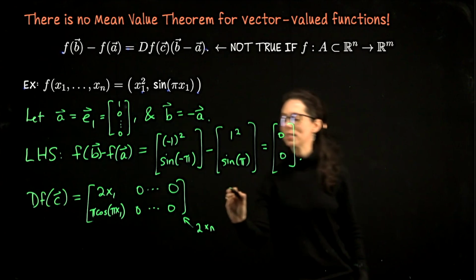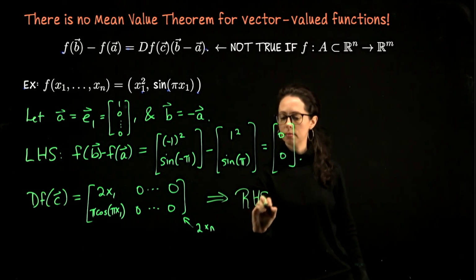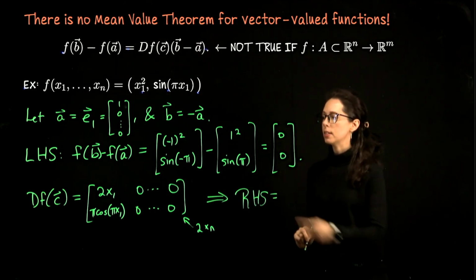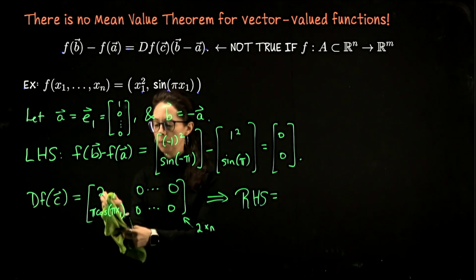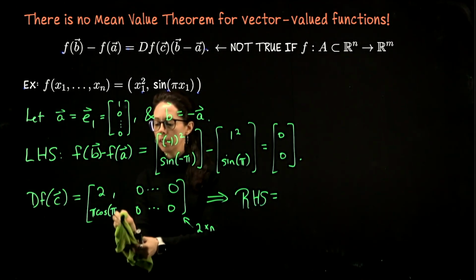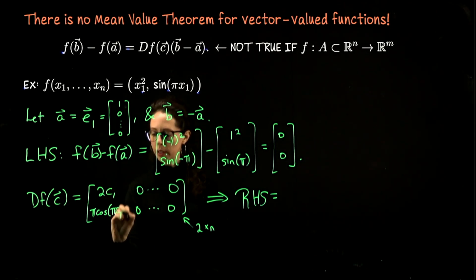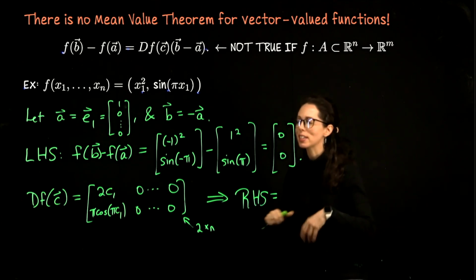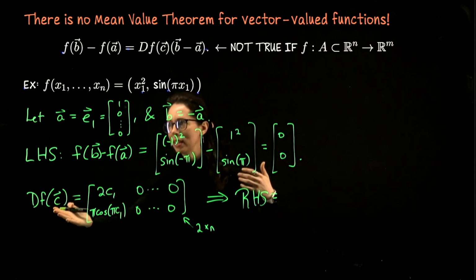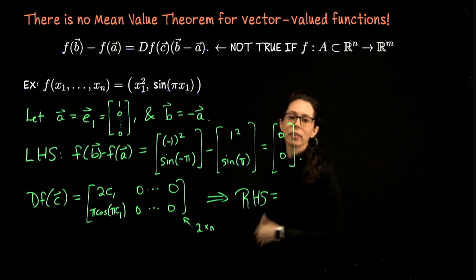Okay, so the right-hand side: we need df at c. Sorry, I called this x1, but we are evaluating at c, so I'm going to make this c1. My apologies. It doesn't seem like a big change, but the idea is that we're trying to find some point C between A and B. So if we had such a point, this would be the associated matrix.